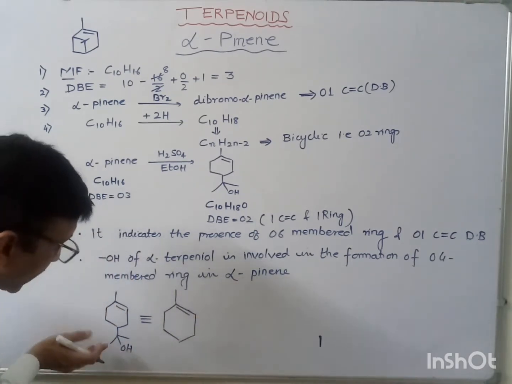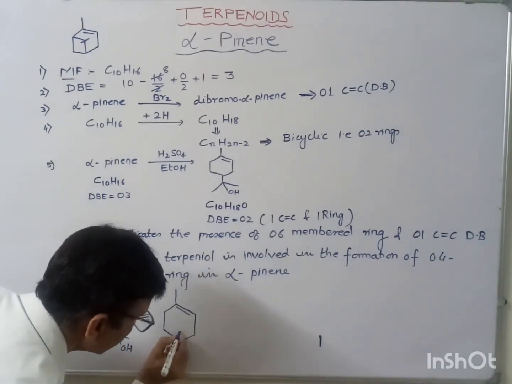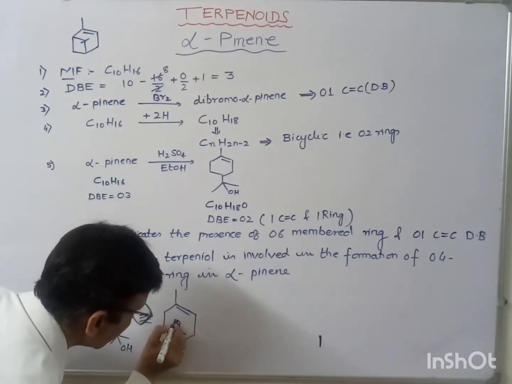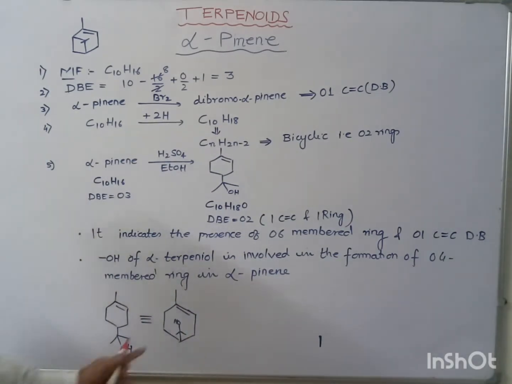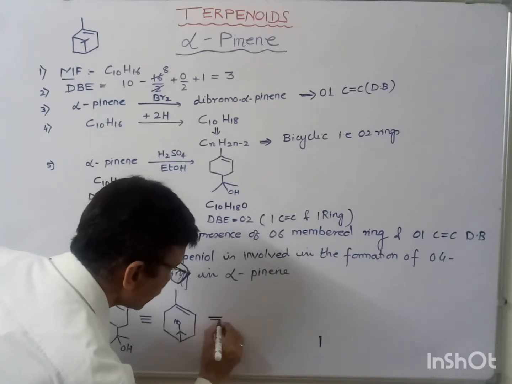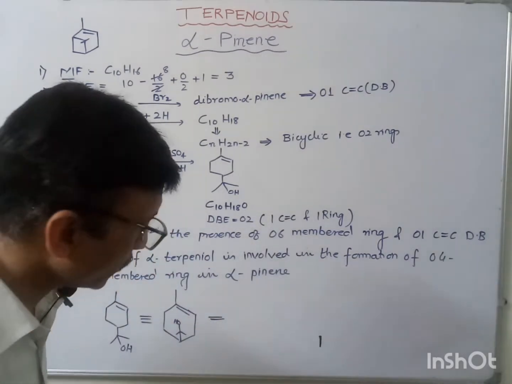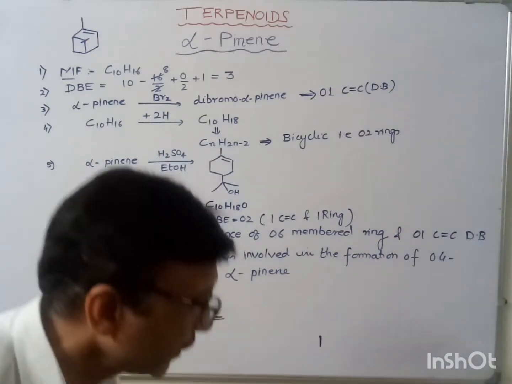So I am inverting this group upside. Now this OH is involved in the formation of the 4-membered ring.